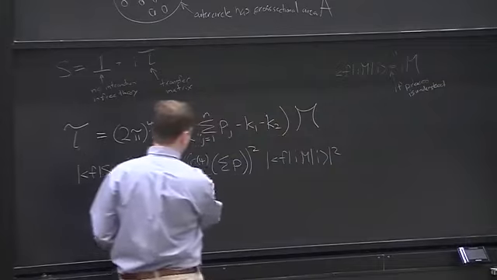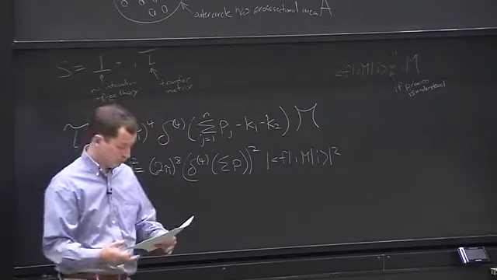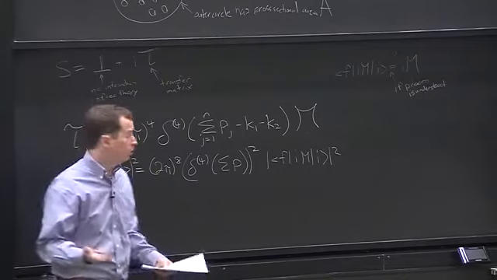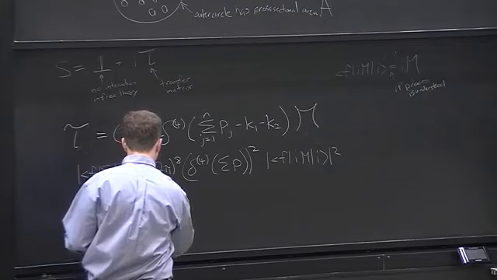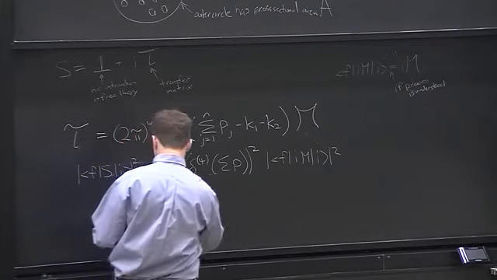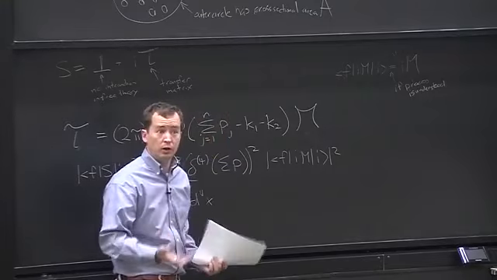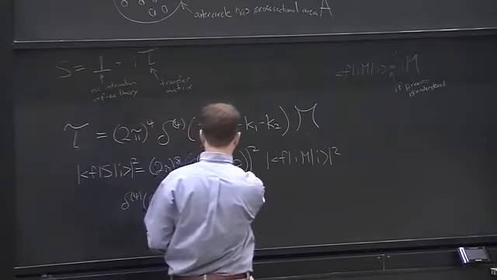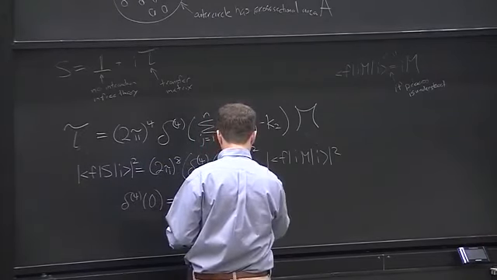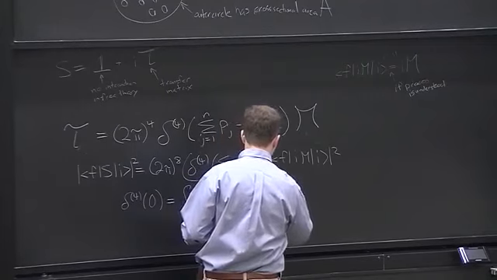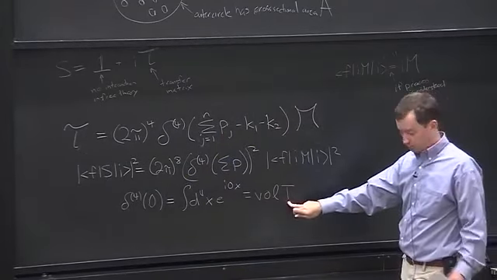We can think about one of these deltas as forcing the argument of the other one to be 0 and interpret that delta of 0 as, like we did before, well, last time it was just the volume of space. This time it's a 4-dimensional delta, so it'll be the volume of space-time. We can just write this as the volume times T.